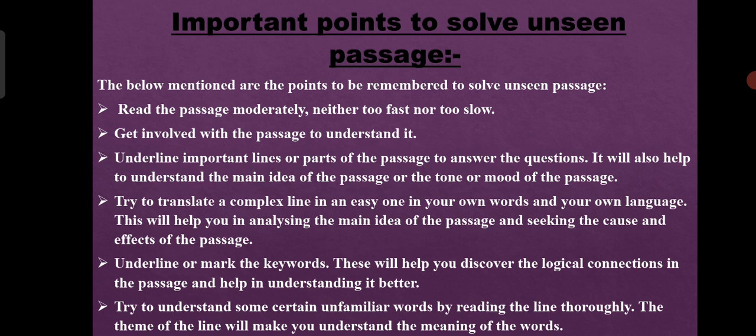It will also help to understand the main idea of the passage or the tone or mood of the passage. Try to translate a complex line into an easy one in your own words and your own language. This will help you in analyzing the main idea of the passage and seeking the cause and effects of the passage.